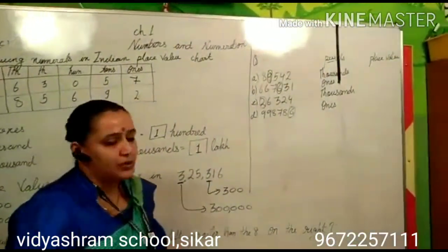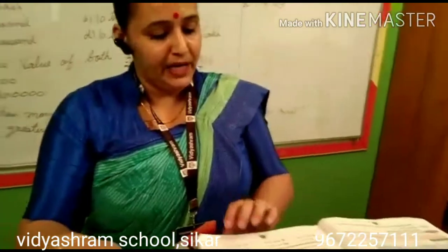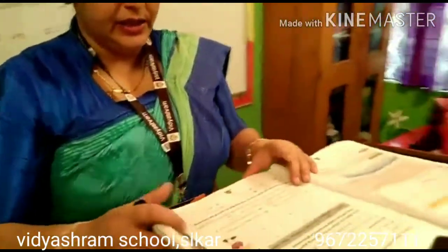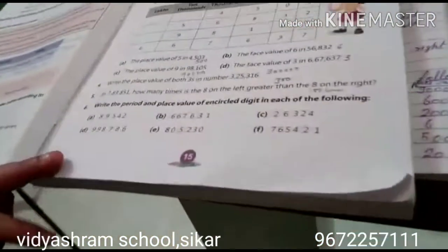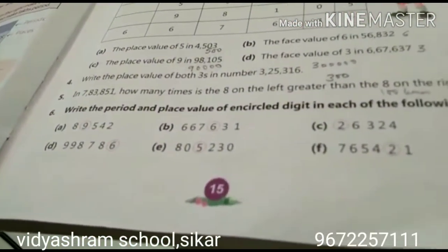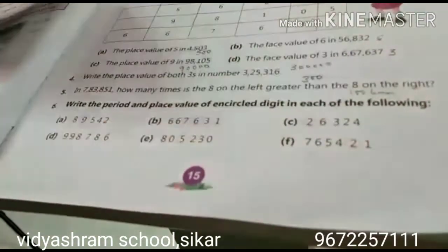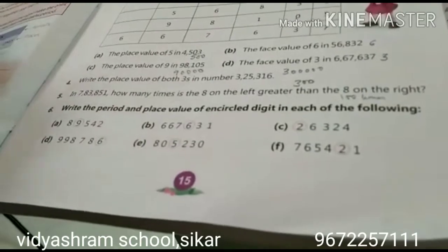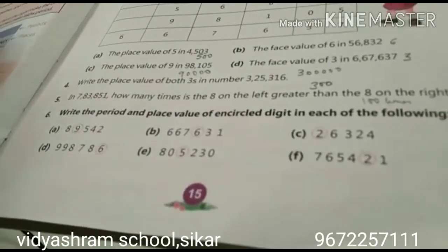Now question number 6 we will do. So I will read the question. Write the period and the place value of the circled digit in each of the following. So here is question number 6. They are saying to take the circled numbers and write the periods and the place value of them.